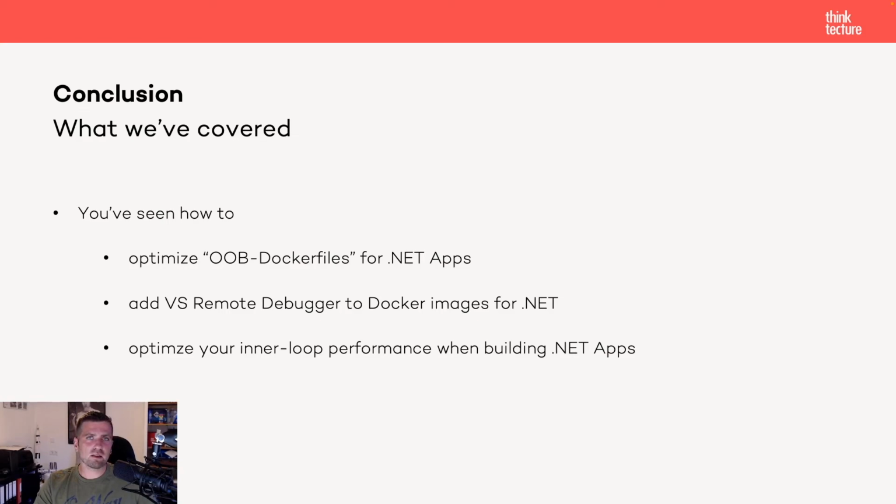Then in the second example, we have installed the remote debugging capabilities for Visual Studio and Visual Studio Code into our Docker image. And last but not least, we've created a dedicated image to address inner loop performance considerations, right?